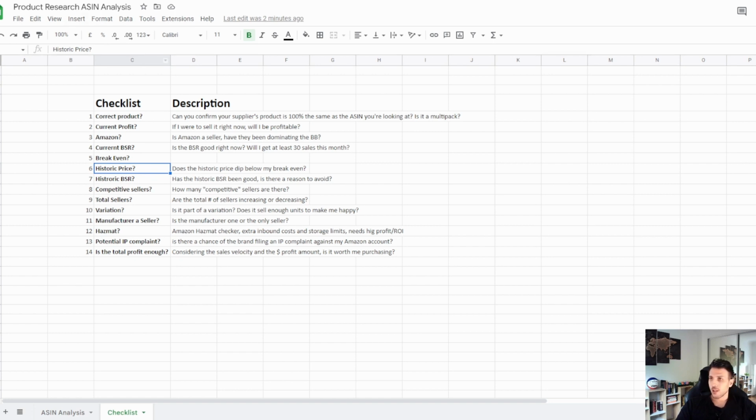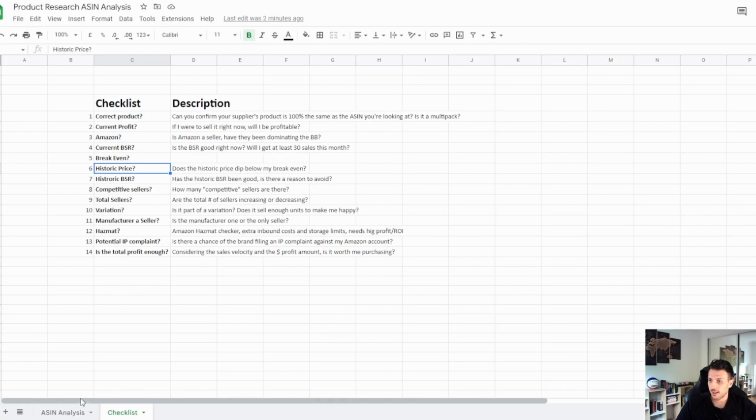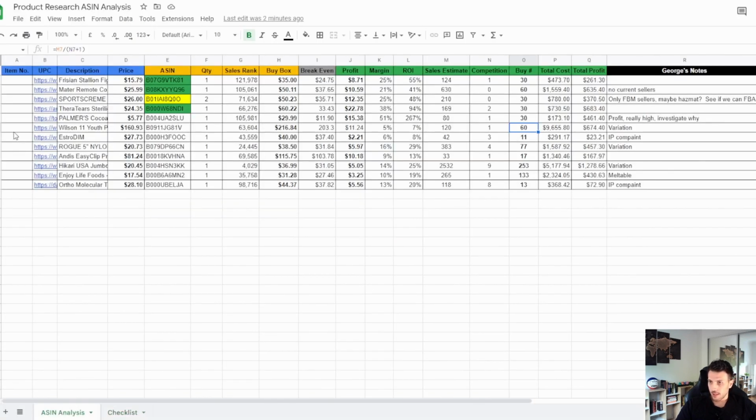It is hazmat. So we've got to consider that. It is a hazmat product, so there's going to be extra cost in sending the product into Amazon. Okay, so it is hazmat.